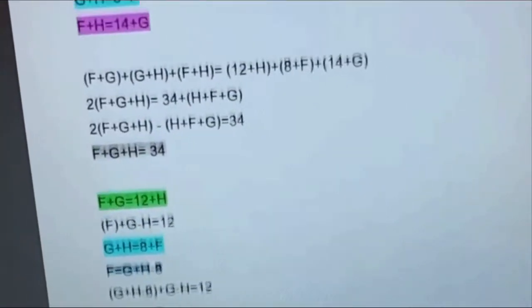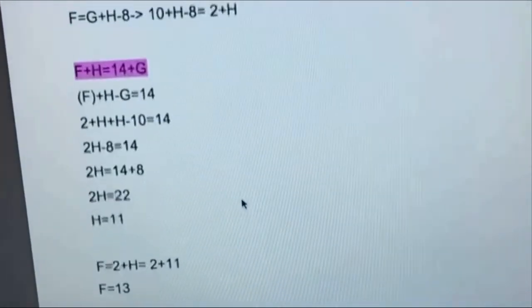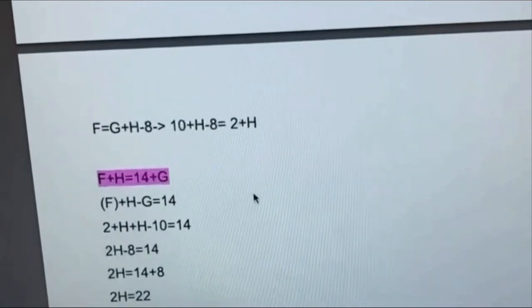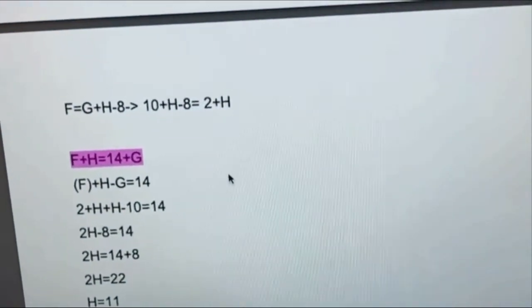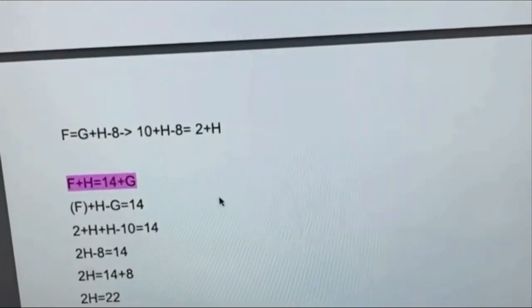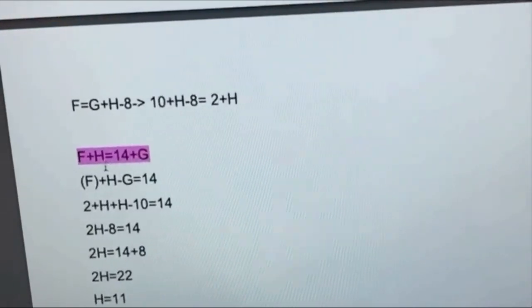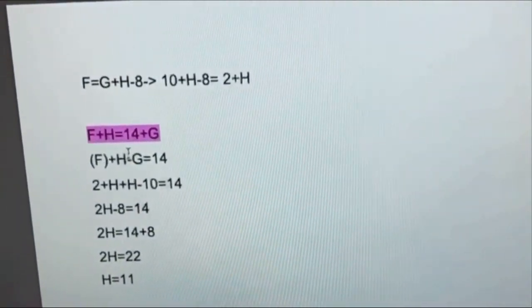So now we look at the third equation highlighted purple, which is here, f plus h equals 14 plus g. So now I bring g to the left hand side and write this as f plus h minus g equals 14.